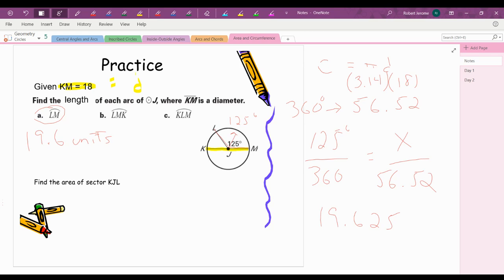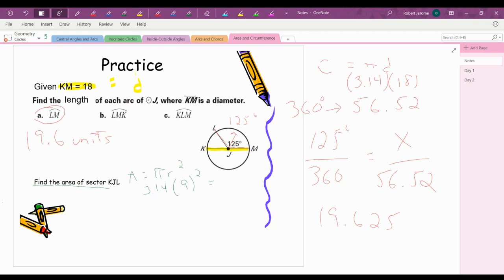Now we're going to do the area of the sector KJL. So first of all, we need area. Area equals pi r squared. So 3.14 times the radius. Well, the diameter was 18, so the radius is 9.